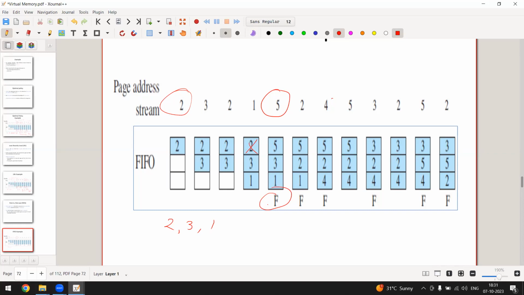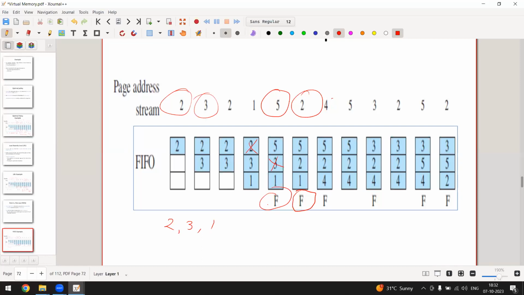Let me trace one more. Again, we require 2, but 5, 3, and 1 are there. 2 is not there, so it is a page fault. Which page will you select? Among 5, 3, and 1, who came first? 3 came first, so I will just remove 3 and bring in 2.